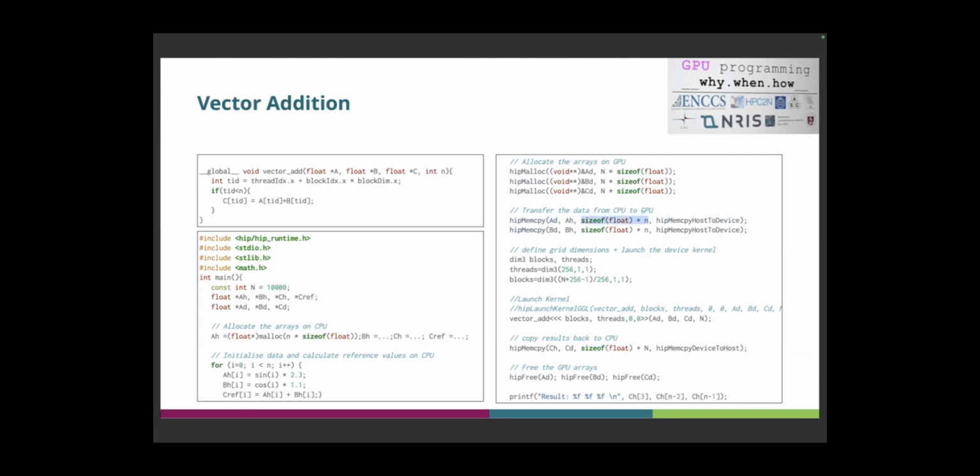Again, you have to specifically give the size of the data that is going to be transferred in bytes. So this should be capital N, not small n. And as an extra parameter to this call, we give the direction of the data movement. In this case, because we are copying from CPU to GPU, you have to put hipMemcpyHostToDevice.